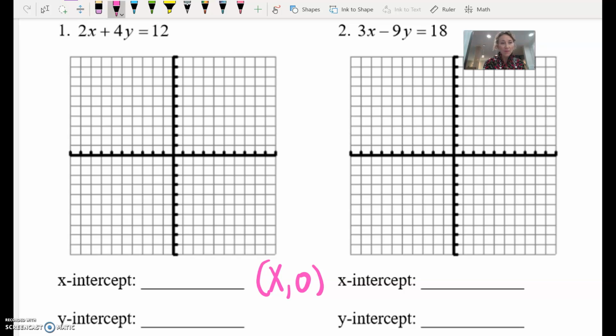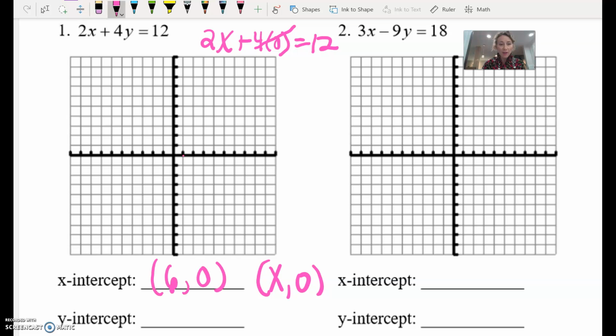When I do that, the work looks like this: 2x plus 4 times 0 equals 12. Well, you and I both know that 4 times 0 is 0, so that cancels out, which is really cool. And then it just becomes 2x equals 12. So I think to myself, 2 times what makes 12? 2 times 6. So the ordered pair is 6, comma, 0.